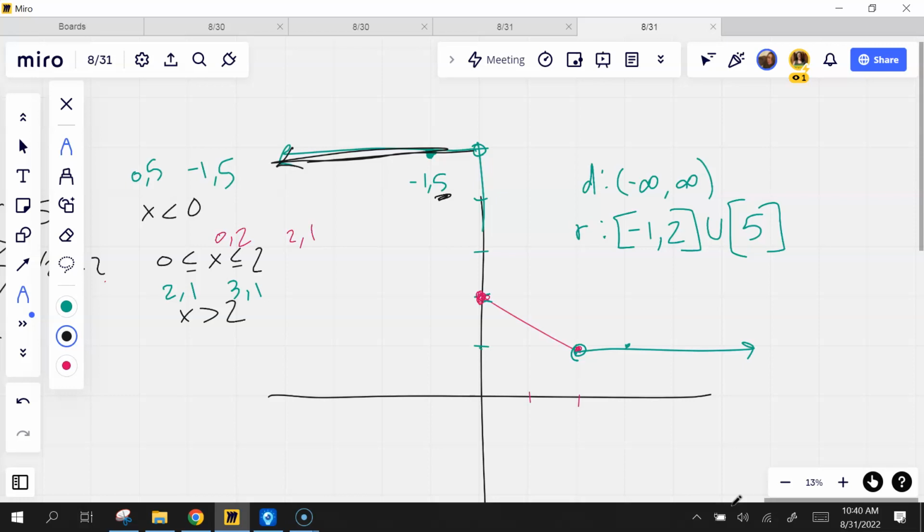Anything else? Yeah. You're right. Sorry. What else? Which one? This one? It's not. Is that what the answer key said?